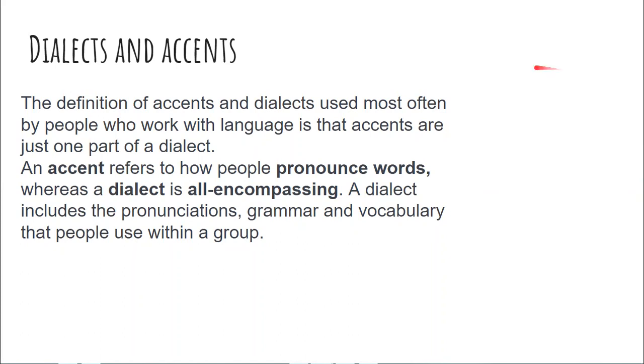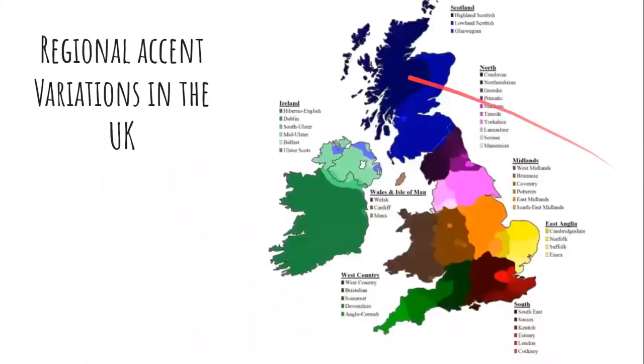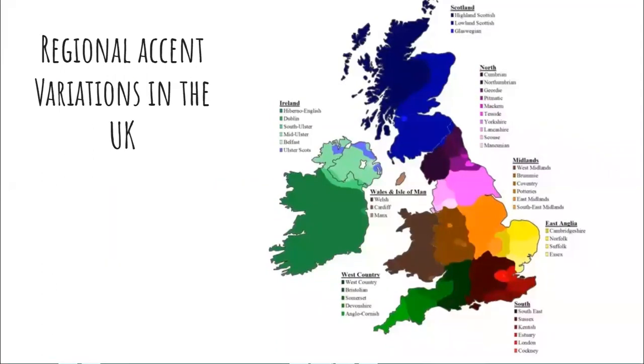Okay, let's continue. If we talk about accents and variations, we will be studying variations of English in the UK. In this map, which obviously you can't see very well because it's bad quality, you can see the British Isles divided in geographical areas, and inside every geographical area are the different types of accents.